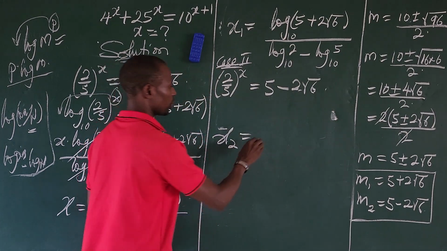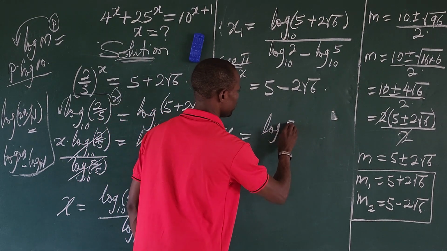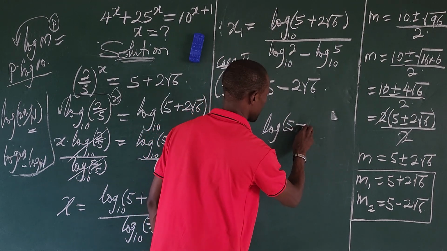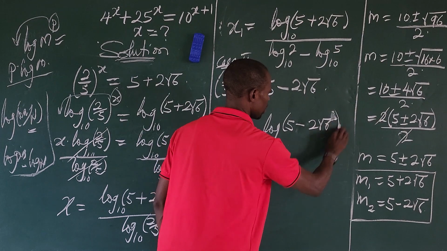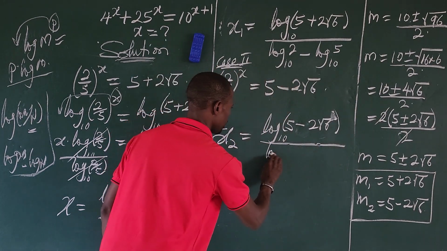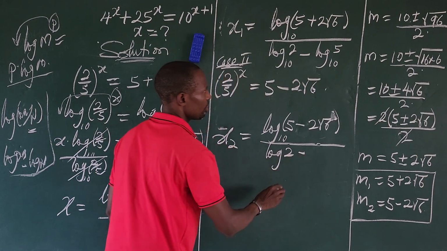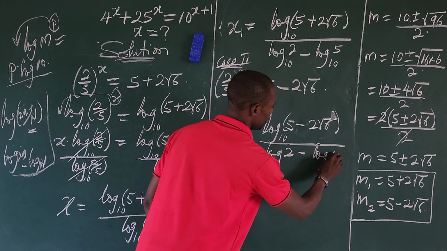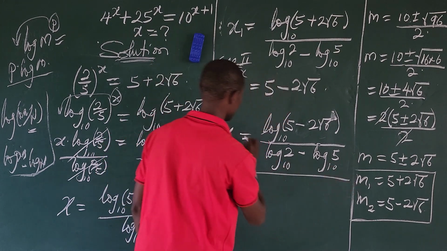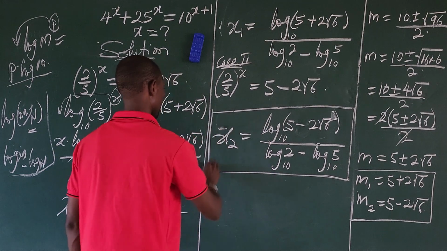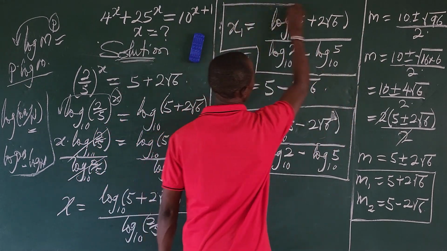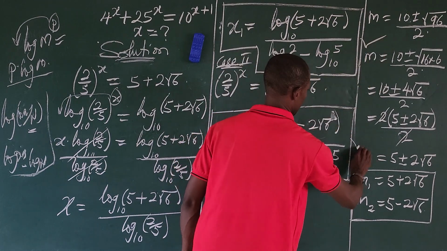Therefore, x2 will now be equal to our log of 5 bracket open, minus this time around, we're going to take minus our 2 root 6 close bracket base 10 all over our log 2 base 10, then minus our log 5 base 10. So this is our second root that satisfies the original equation. Meanwhile, this is our first root that satisfies the original equation.